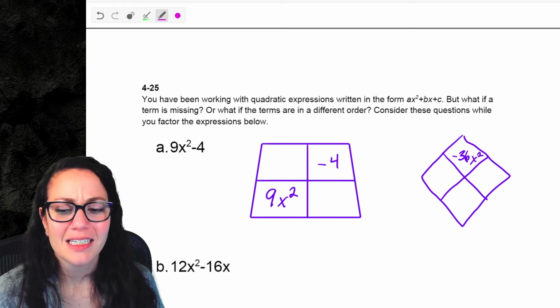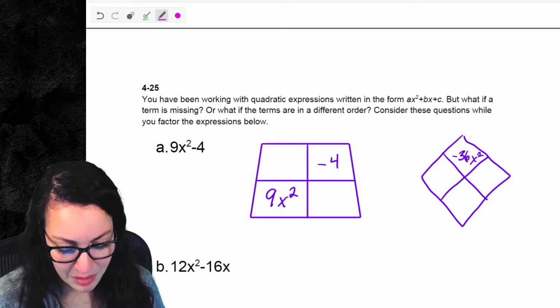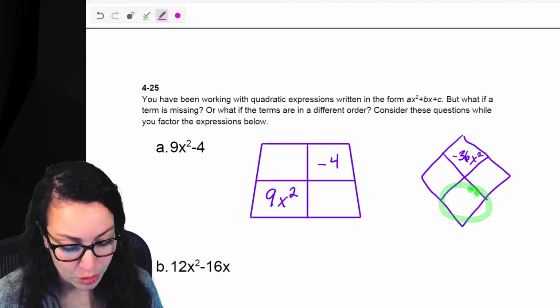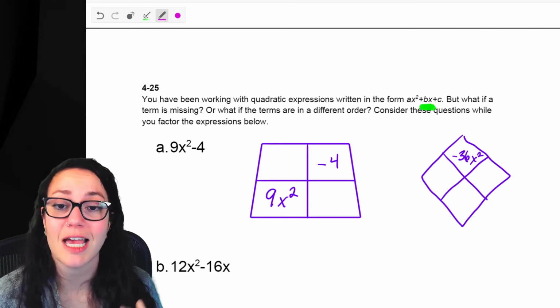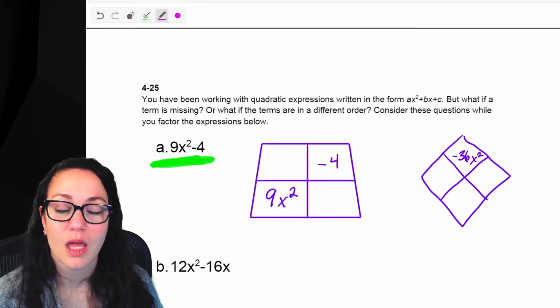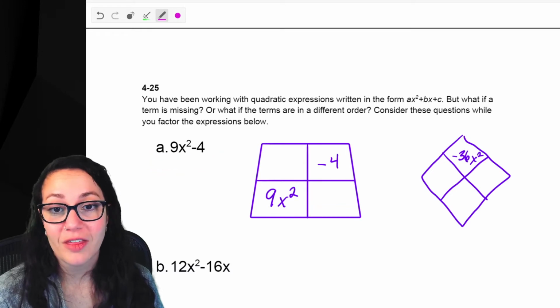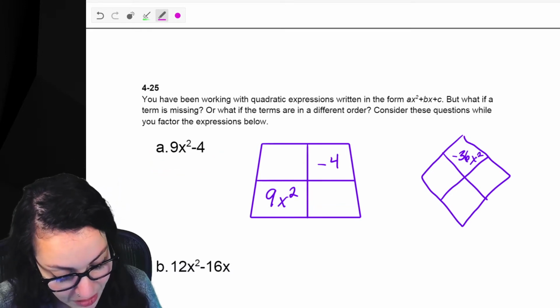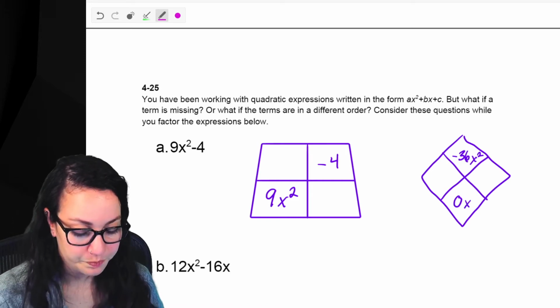But then usually I get my b term. I get what goes in the bottom of the diamond from the b term, right? The linear term that just has x to the first power. But I don't have that here. So in math, when it's not there, we say it's 0x. So we know that it adds to 0x.